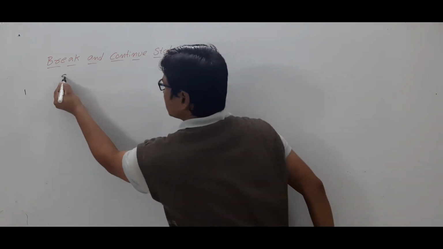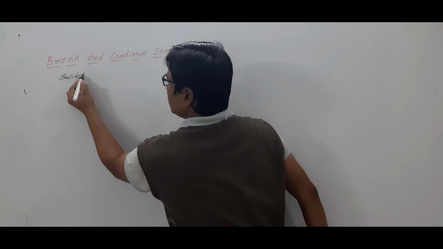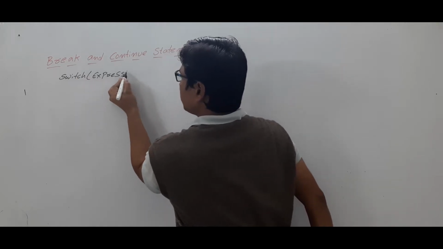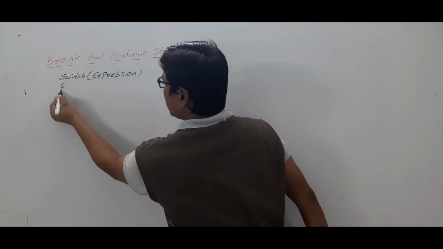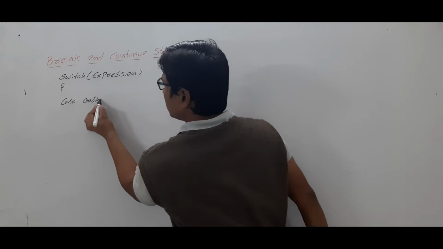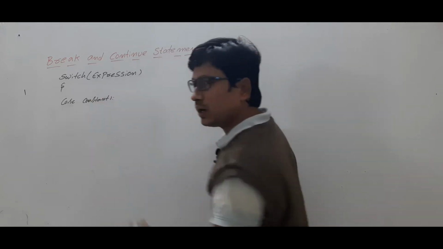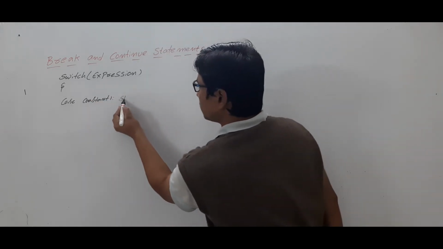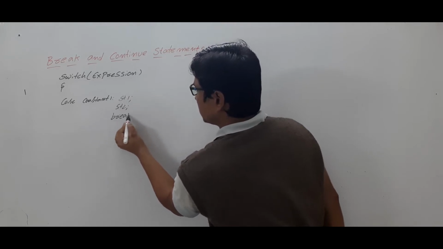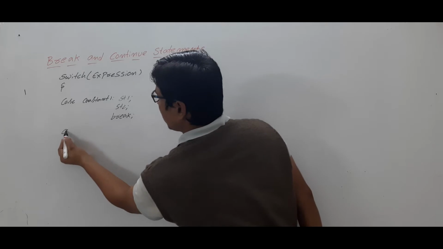We have a switch. We have an expression, and let's take that we have two cases. Case constant 1. You have certain statements, statement 1, statement 2. Let's take that you have a break statement. Similarly, let's take that you have another case.